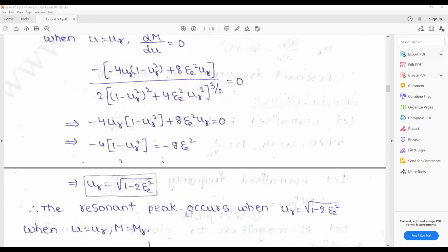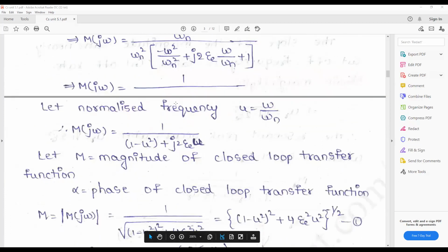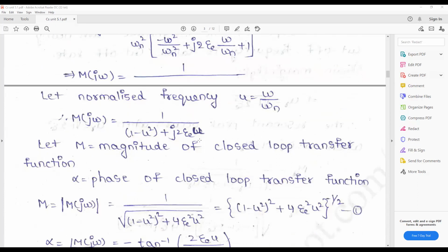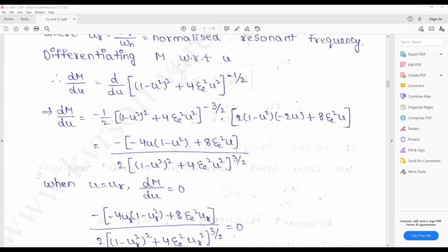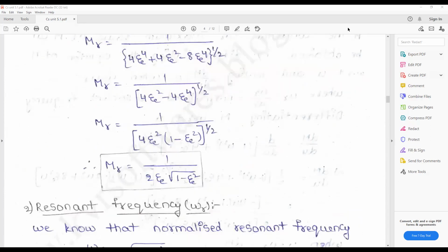In the numerator term, minus 4 u r plus 4 u r power 3 plus 8 zeta square u r. So u r is square root of 1 minus 2 zeta square. Substitute u r in the transfer function, and it comes to the maximum resonant peak. What is the formula for the maximum resonant peak? It is 1 by 2 zeta into square root of 1 minus zeta square.